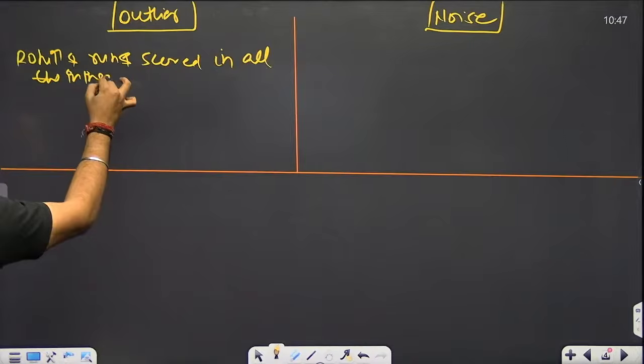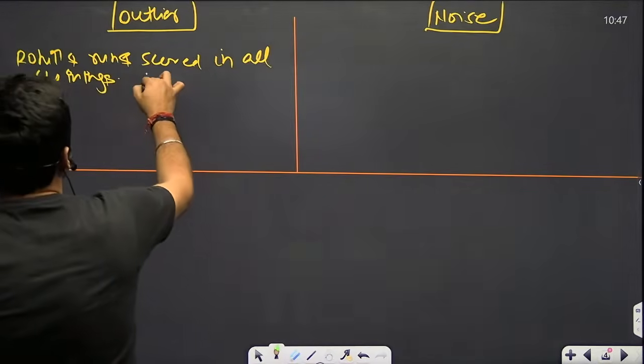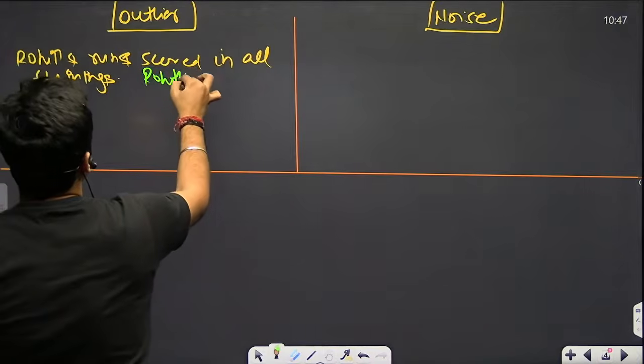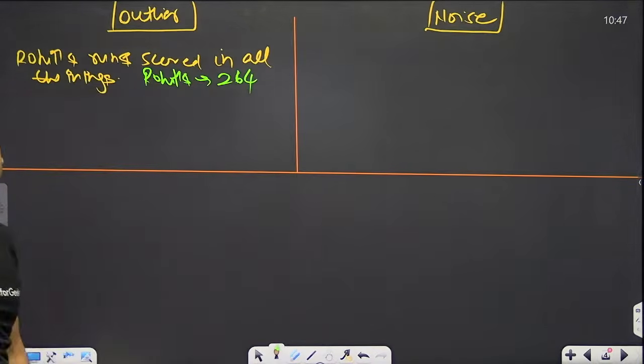I hope you remember Rohit's maximum score. It was 264 against Sri Lanka, the maximum score in all the innings he has played till now.